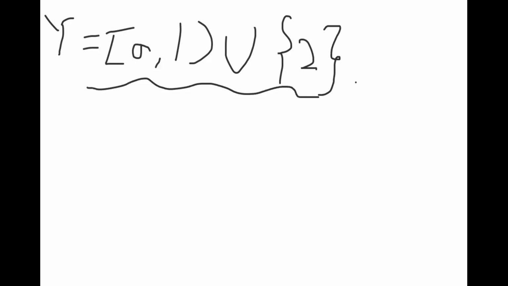Because this one point set {2} is not open in the order topology on Y, since we cannot find an open interval that contains 2 but does not contain any other basis element.